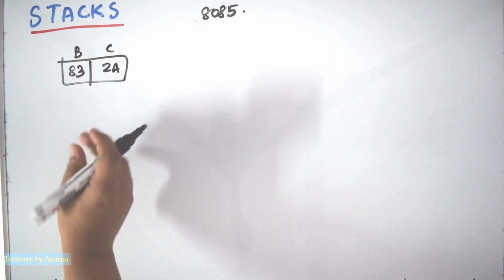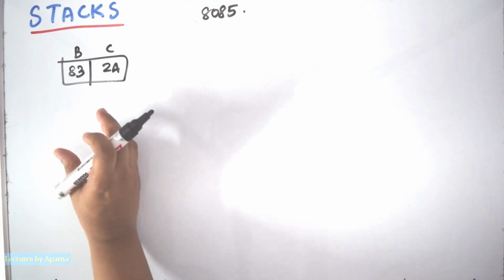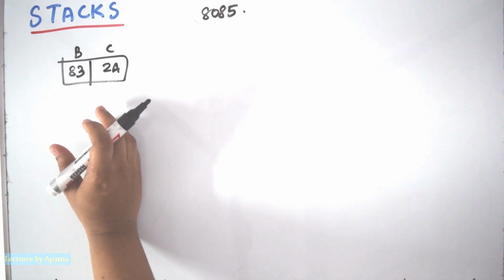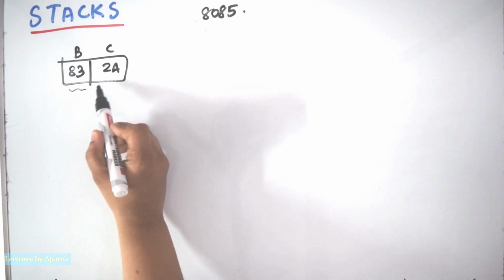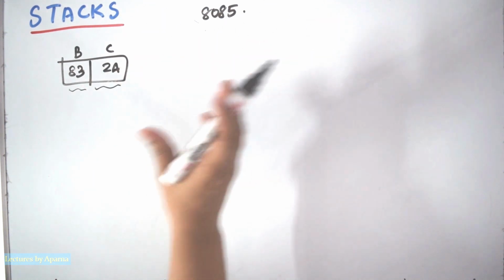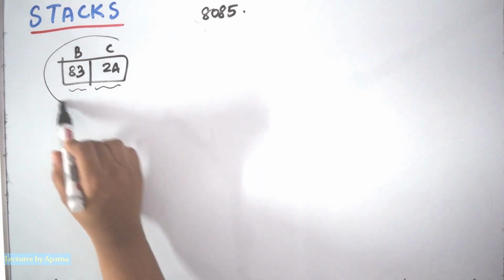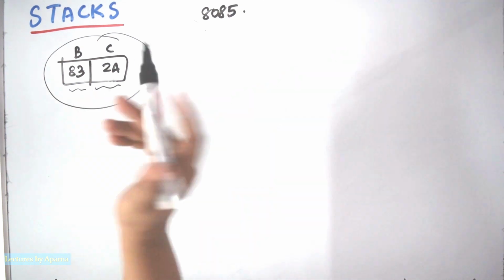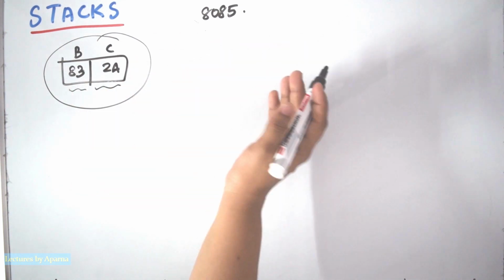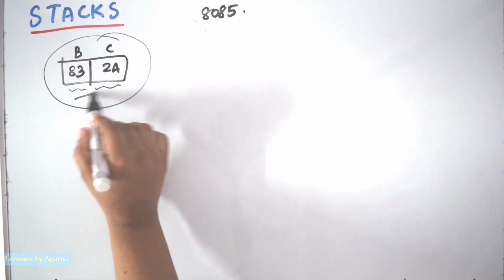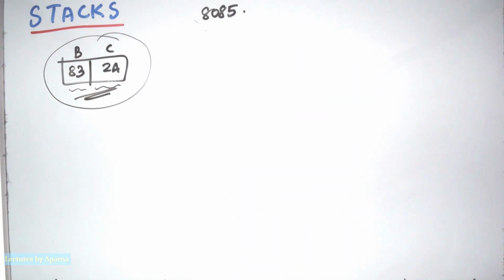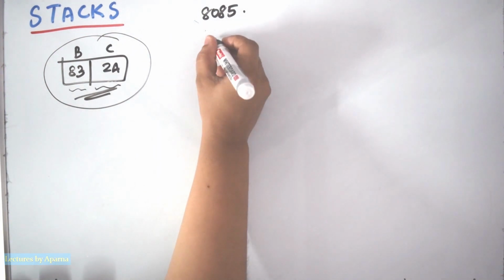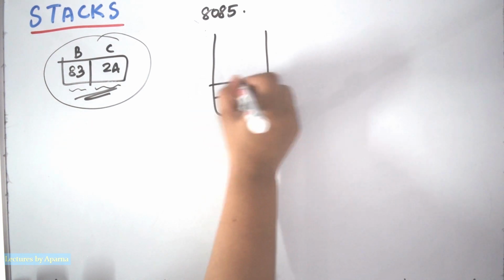If I need this register for some other purpose, I have to shift the content in this register pair to some other location, and then I can use BC for whatever purpose I need, and then I can take back these contents after the use is over. For that operation we use a set of memory locations called a stack.